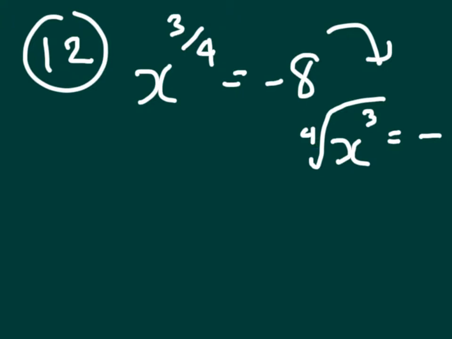The fourth root of a positive number is positive. Let's see what happens if x is negative. A negative integer raised to the odd power will give us a negative number, and the fourth root of a negative number is not possible. Therefore, this equation has no solution.